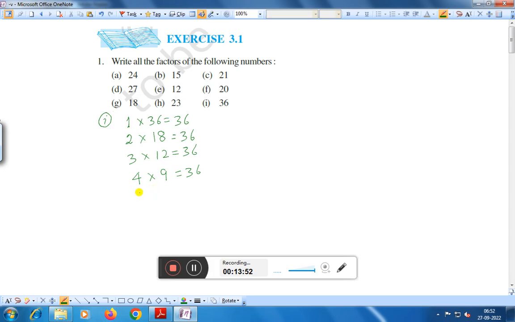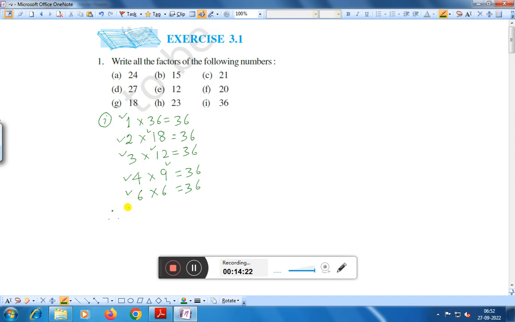We will get it in the table of 6, that is 6 into 6 is 36. 7, 8, 9, 10, no. Okay. These are the factors of 36. That is 1, 2, 3, 4, 6, 9, 12, 18 and 36. Right?